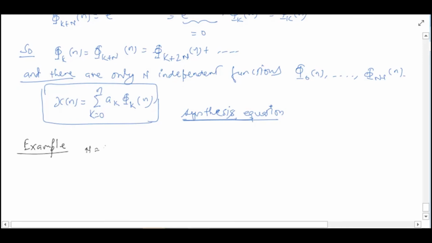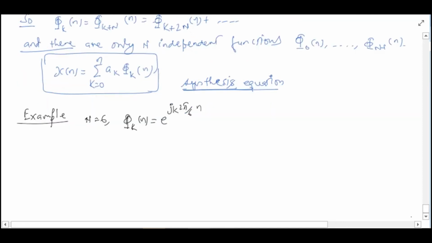Let us fix capital N to 6. In this case, phi k of small n is given by e raised to j k 2 pi by 6 n. And we have already seen that for any value of small n there are only capital N independent functions, phi 0[n] to phi 5[n], or phi 1[n] to phi 6[n].